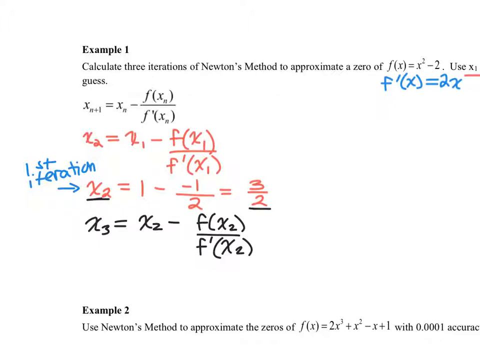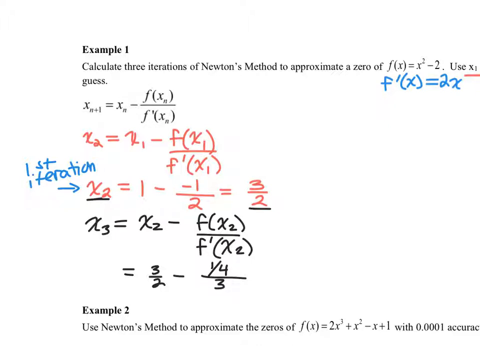All right, so in this case, it would be 3 halves minus, I have to evaluate my original function for 3 halves. So 9/4 minus 8/4, so 1/4 up top. And then 3 halves times 2, that's just going to be a 3.